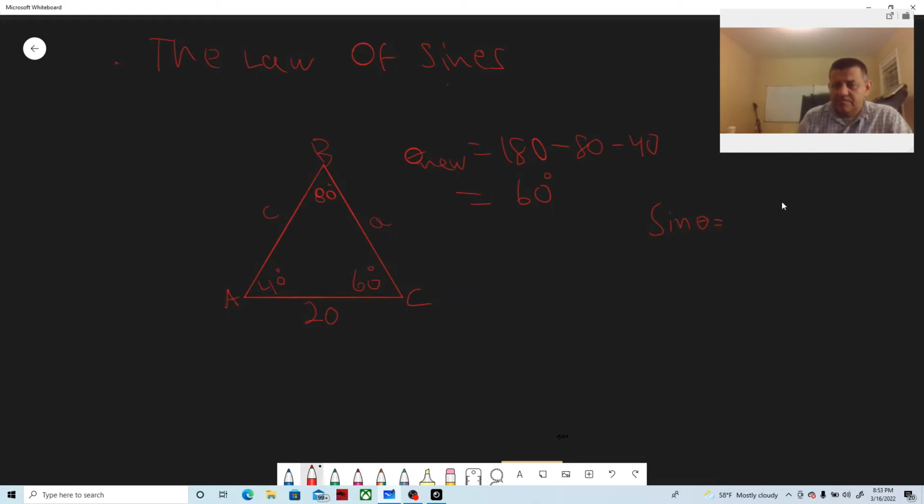Or if you're using Pythagoras, you can have this opposite over the hypotenuse, right? Then the angle of that is going to be the inverse sine of opposite over the hypotenuse.